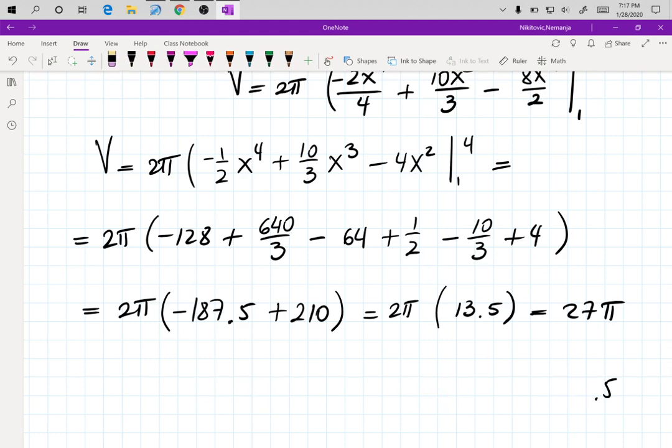So now that's not 13 anymore. What do we have now? We have negative 192, and then I have to add 4 to get negative 188, and then I need another half, so negative 187.5.